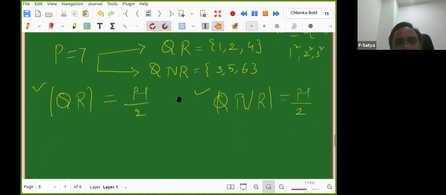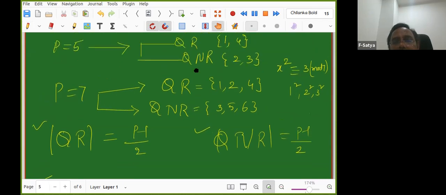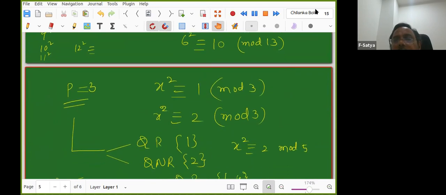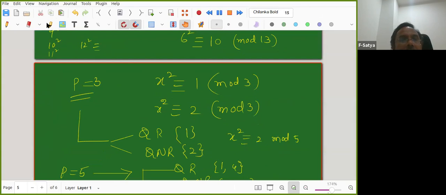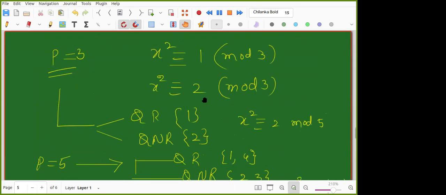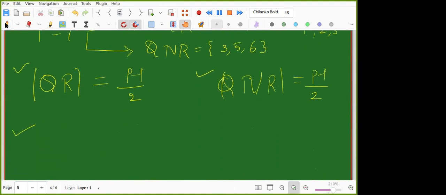Before going to that proof, do you have any other observations or conjectures by looking at all these examples? Product of quadratic residue is again a quadratic residue.